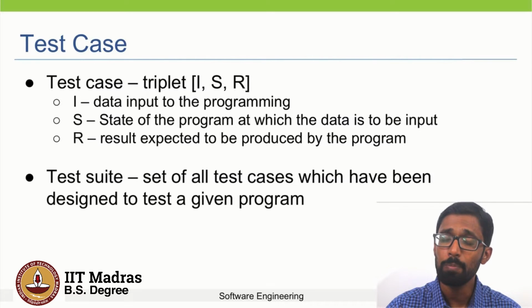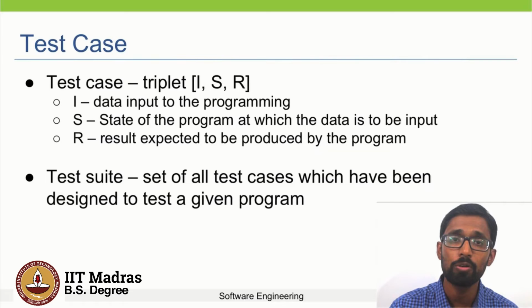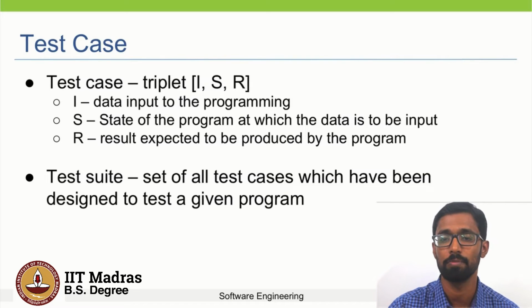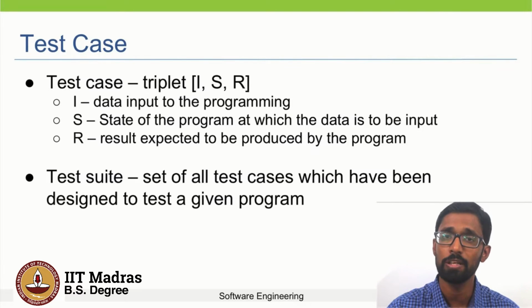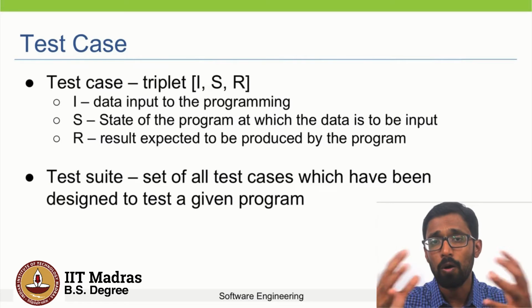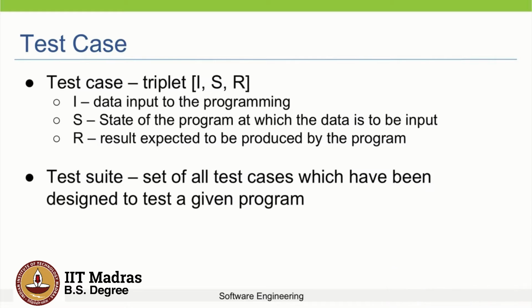And the third parameter is R, which is the result expected to be produced by the program or the system, right? So in our case, we expect the catalog page to be updated with the new item when I click on add item. Now, the set of all the test cases which have been designed to test a given program is known as a test suite.